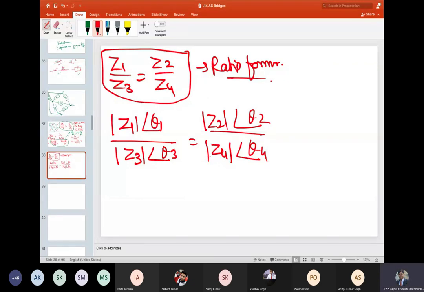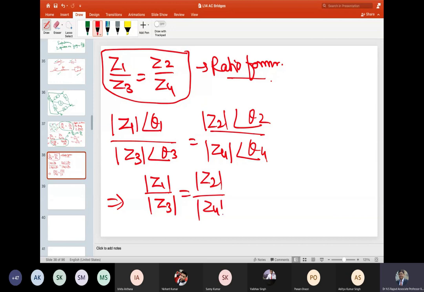So if it is so, I can say that magnitude of Z1 by magnitude of Z3 should be equal to magnitude of Z2 by magnitude of Z4 under the balance condition.